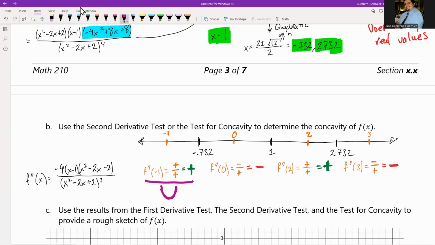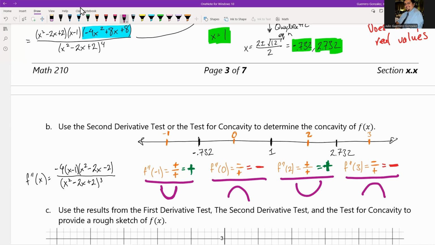These slopes are negative, right? Concave down. Concave up, concave down. There we are. We have the concavity for our function, right? We have the concavity for our function based off of the second derivative test.